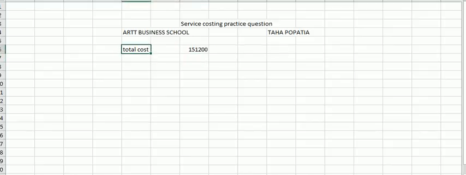So the total cost or total expenses are 151,200.